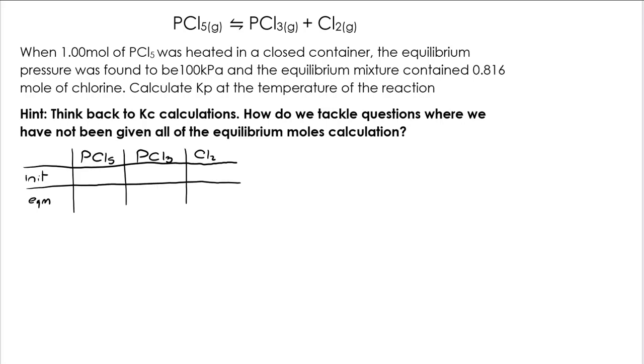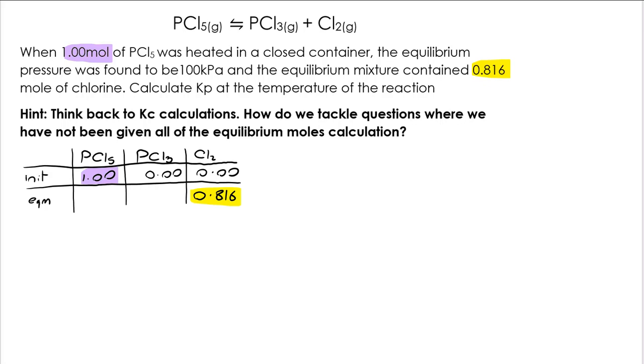I'm going to draw out my table, and the table is each component of the equation, PCl5, PCl3 and Cl2, and I've got initial moles and equilibrium moles, and let's fill in what we know. Well, we know we started with 1 mole of PCl5. We also know we started with no PCl3 and no Cl2. We have also been told, however, that we've got 0.816 moles of Cl2 at equilibrium.